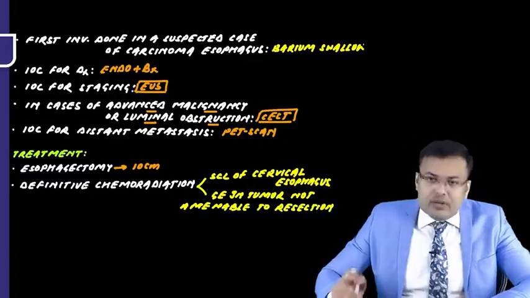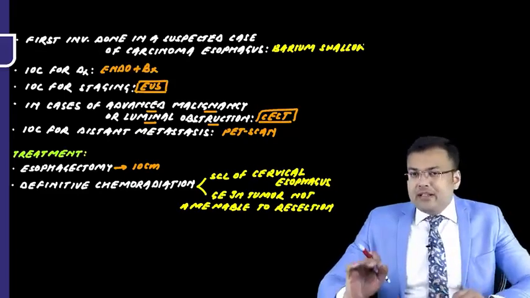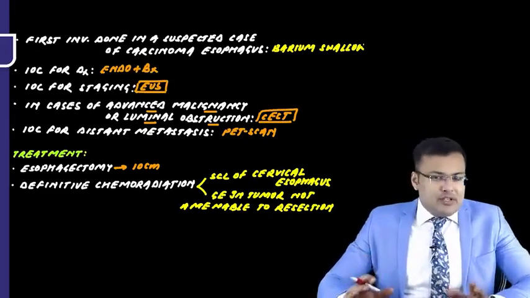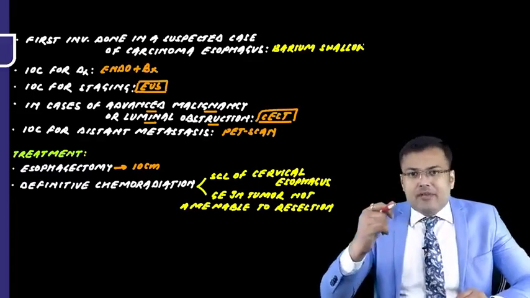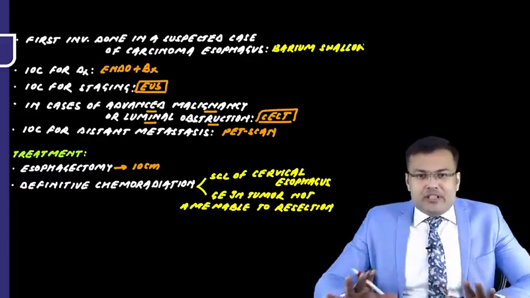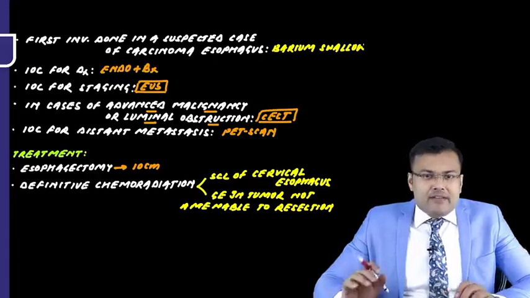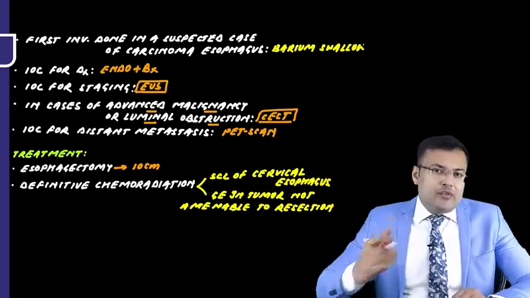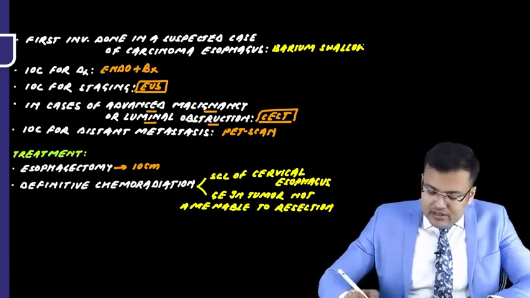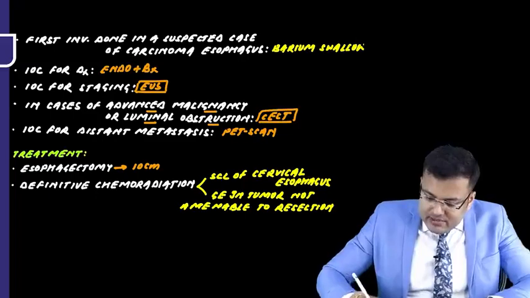Okay. One important principle: in any GI malignancy, if we go for resection and anastomosis, how much margin do we take? We take 5 centimeter proximal and 5 centimeter distal margin. So in GI malignancies, we take a 5 centimeter margin. But there are two exceptions. One, esophagus. In esophagus, how much margin do we take? We saw that in esophagus, we take a 10 centimeter margin.